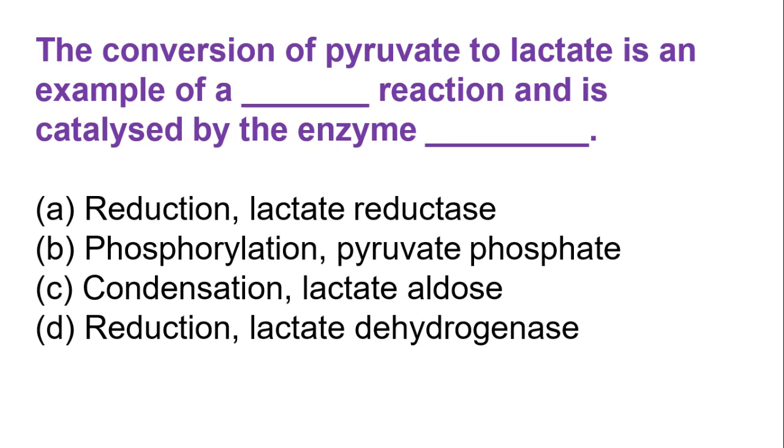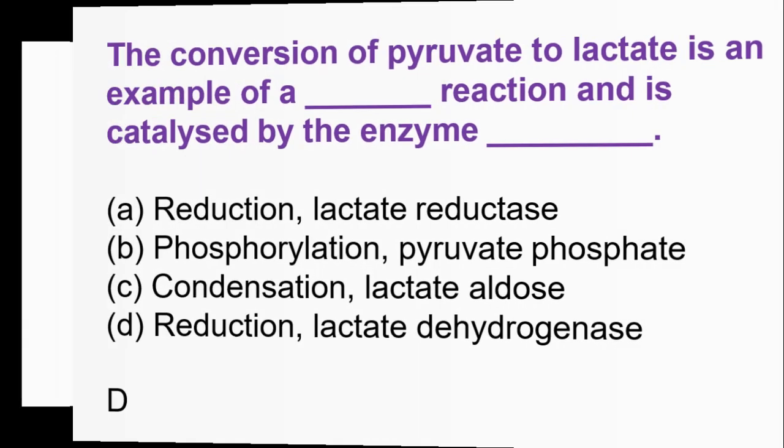A, reduction, lactate reductase; B, phosphorylation, pyruvate phosphate; C, condensation, lactate aldolase; D, reduction, lactate dehydrogenase. The answer is D, which is an example of reduction, and the enzyme is lactate dehydrogenase.